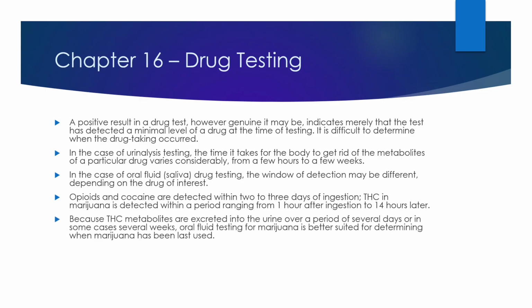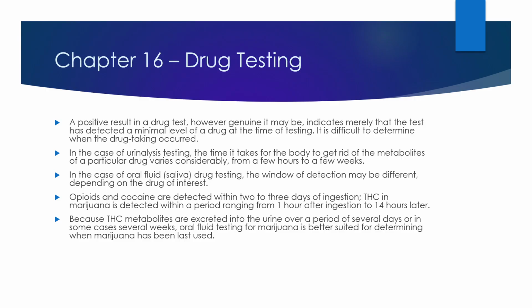Because THC metabolites are excreted into the urine over a period of several days, or in some cases even several weeks, oral fluid testing for marijuana is better suited for determining when marijuana has been used last, because of this long period of time that the metabolites might be going out through the urine.